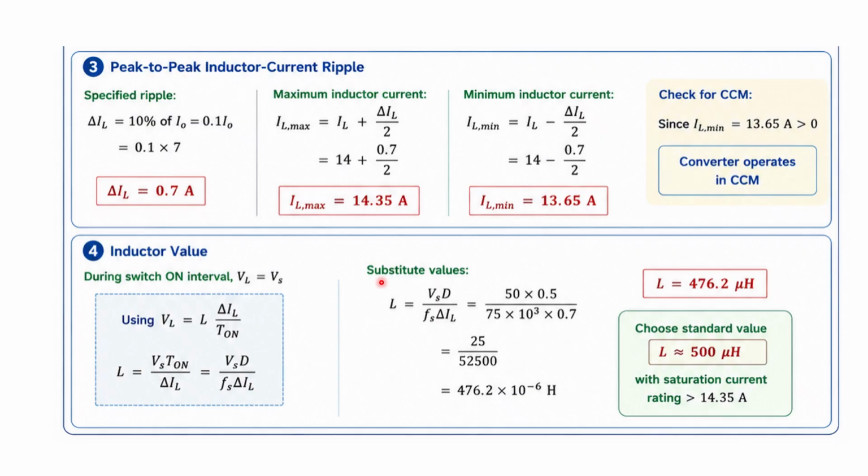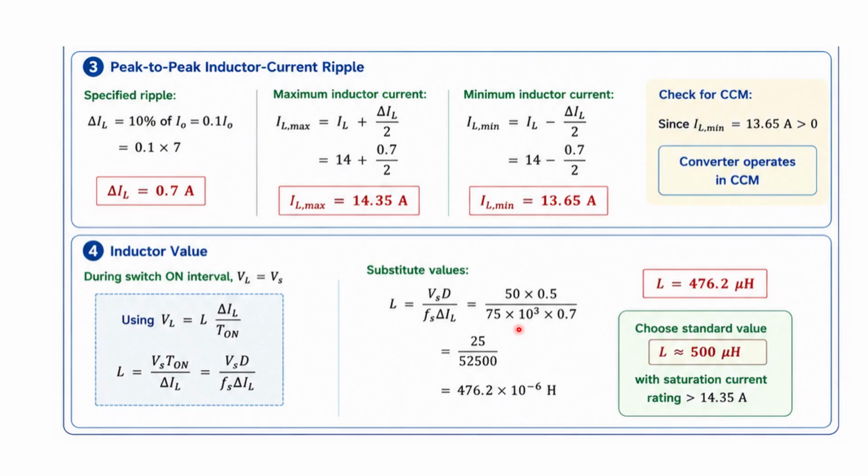Now, next we can calculate the value of the inductor. The formula for finding the value of the inductor is L is equal to Vs into T on divided by delta IL, or Vs D divided by Fs into delta IL. T on can be written as D by Fs. So L is equal to Vs D divided by Fs into delta IL, that is 50 into 0.5 divided by 75 into 10 raised to 3.